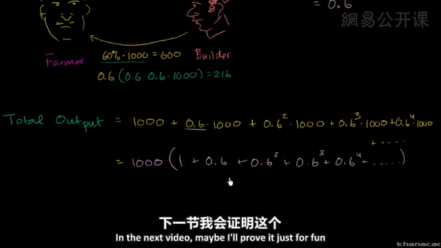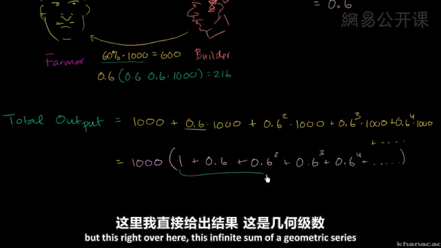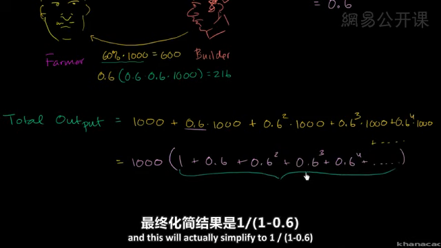And in the next video, maybe I'll prove it just for fun. But this right over here is an infinite sum of a geometric series. And this right here simplifies to 1 over 1 minus 0.6.